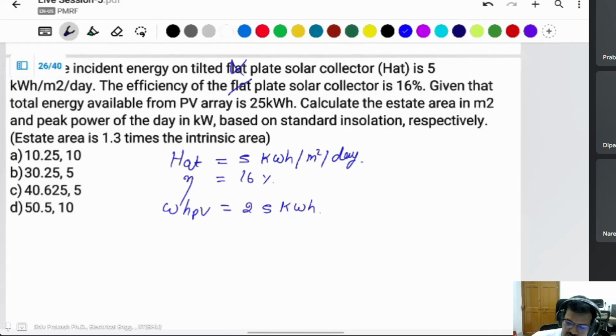E state area is the same thing, 1.3 times the intrinsic area. First calculate the intrinsic area.